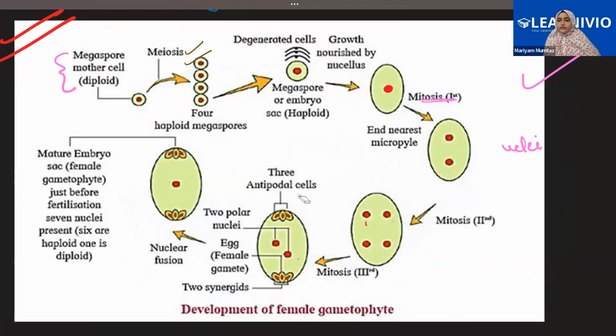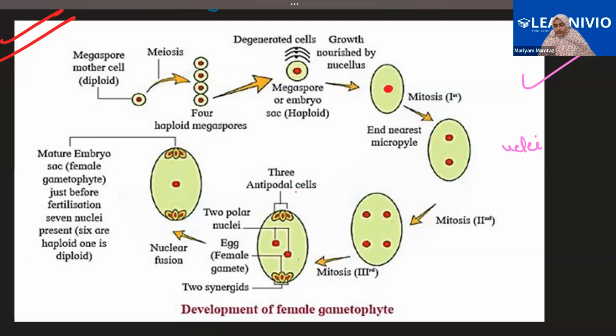See this now. First of all, before we move here, do you know the difference between haploid and diploid? Haploid means it is divided from one cell, and diploid means 2 cell.